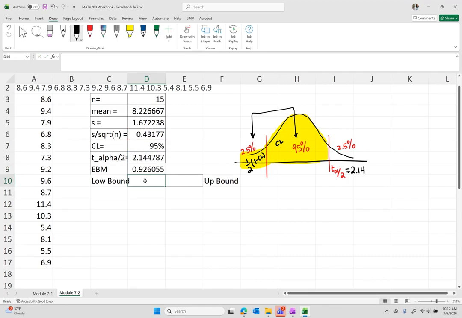And after we do that, the interval will be: lower bound equals the point estimate, which is your mean, minus the error bound. And upper bound equals the point estimate, which is your mean, plus the error bound.